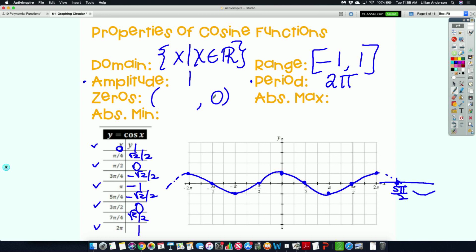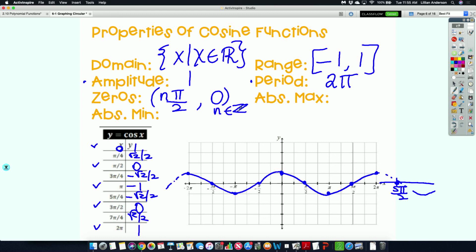And pi over 2. N pi over 2, or pi over 2 n, however you want to do it. But think about it. And n has to be a what? Integer.